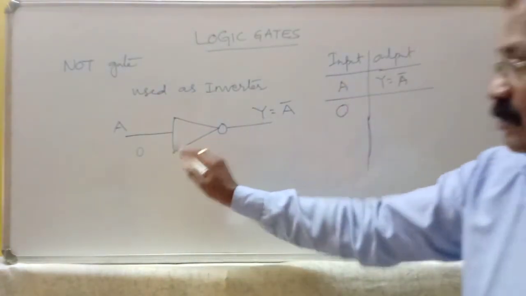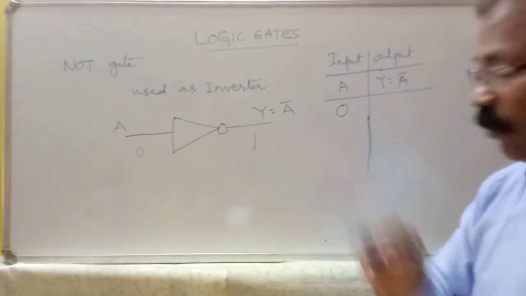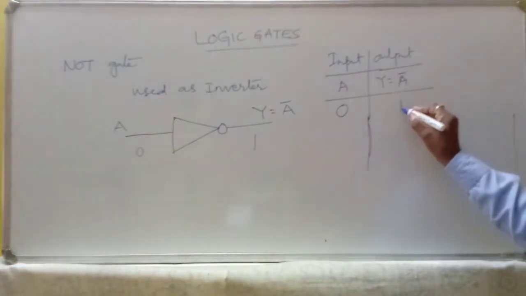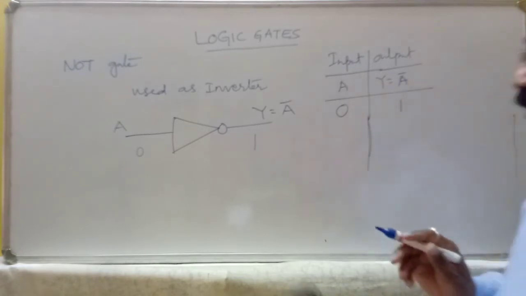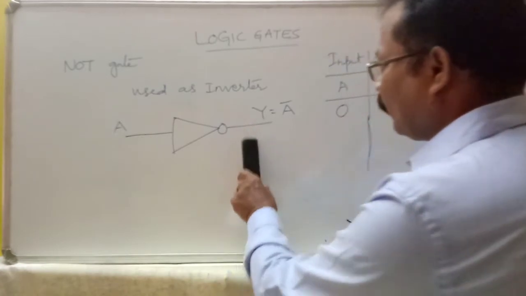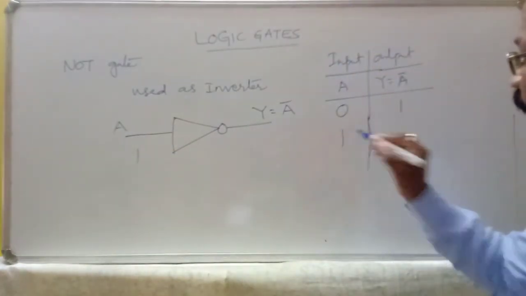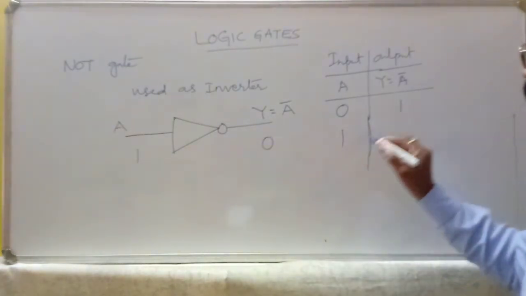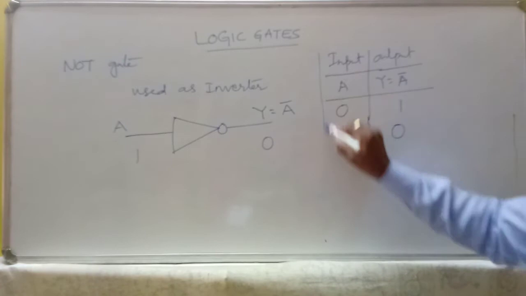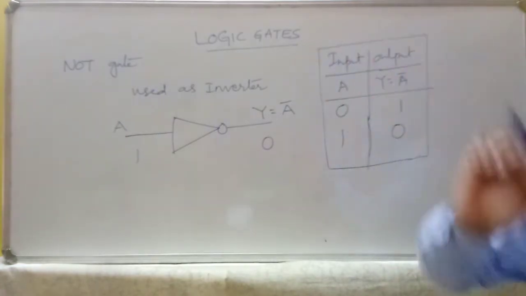What is the inversion of this 0? It is the opposite, that is 1. Hence, the complement of 0 is 1. If you take the input as 1, the complement of 1 is 0. This is the truth table of the NOT gate.